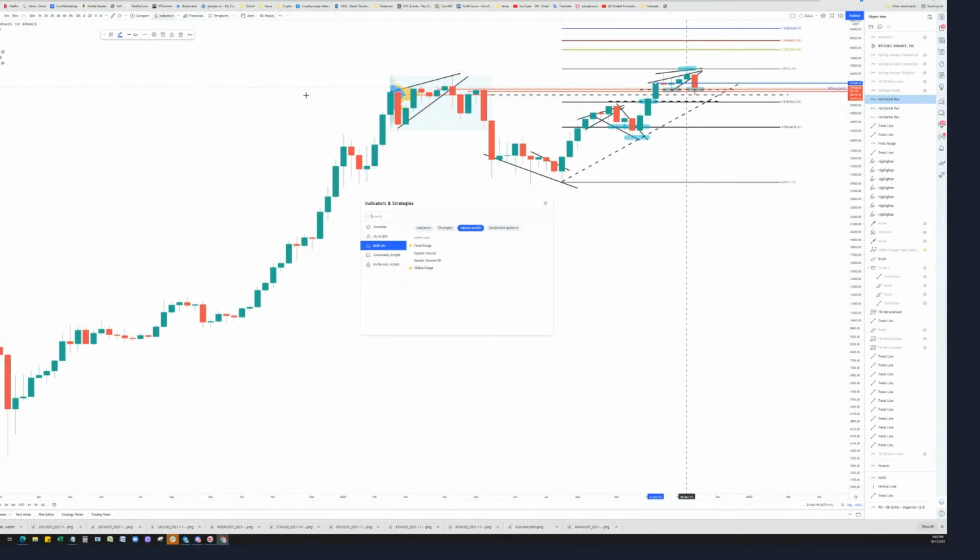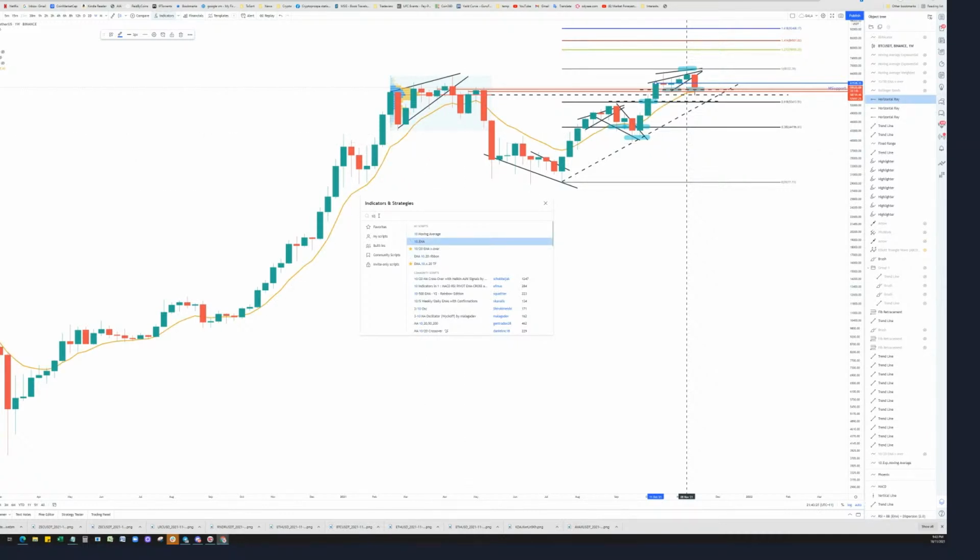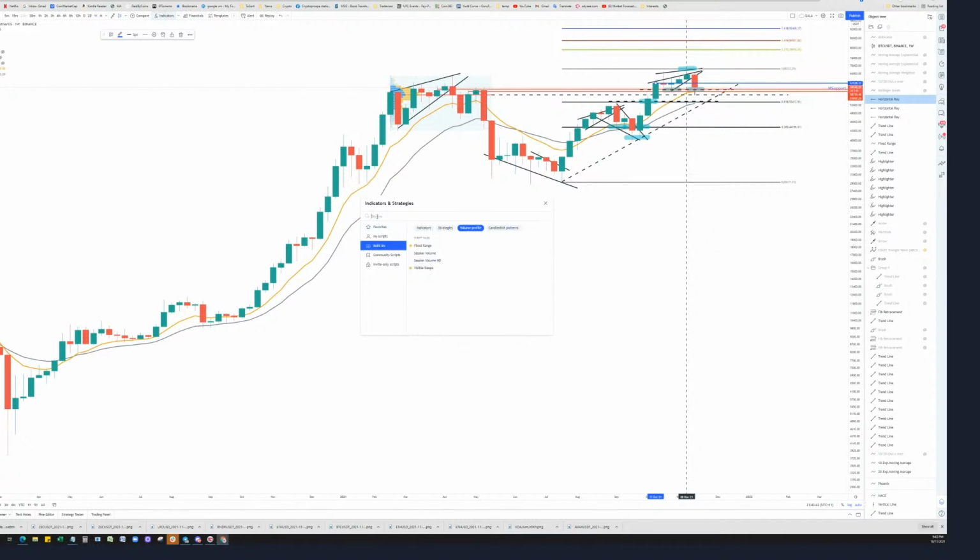What I'll do is add the 10 weekly EMA. And you can see how much confluence that has. And the 20 weekly EMA, that's the one. And the last one, I recollect, no, it was a 7, I think. 7 EMA.